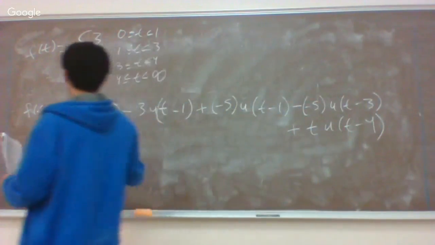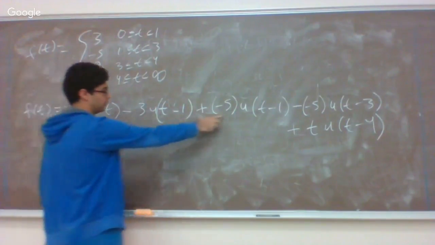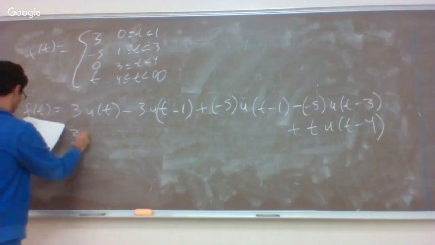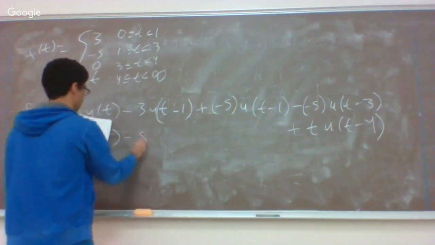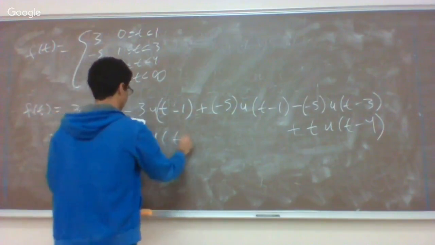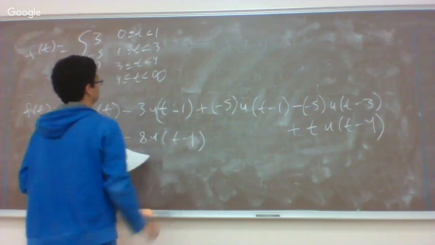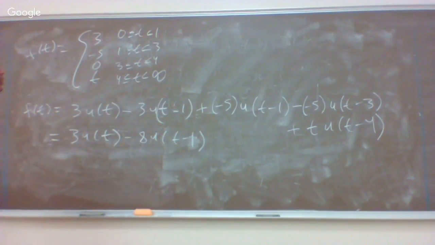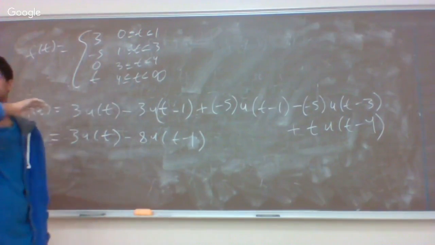So I think about it like this, because we can combine some components. So I have 3 u of t. Then the minus 3 minus 5, so I have a minus 8 u of t minus 1. The other thing, 0 wouldn't matter, right?